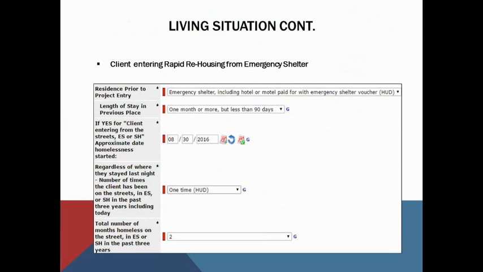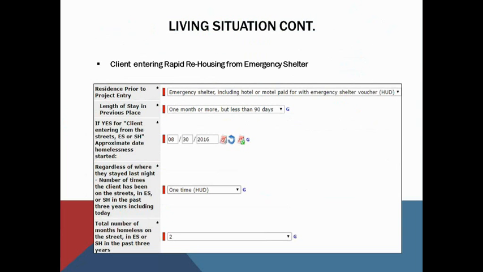The next example would be if a client is entering into a rapid rehousing project from emergency shelter. Your question for residence prior to project entry would be listed as emergency shelter. The length of stay in previous place in this example would be 1 month or more, but less than 90 days. Then the question, if yes, for client entering from the streets, emergency shelter, or safe haven, approximate date homelessness started.